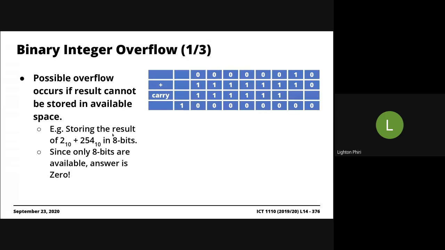The example I have here is a situation where you want to evaluate, let's say, 2 base 10 plus 254 base 10, right? Think about this for a second, assuming you're dealing with unsigned integers, just positive numbers.